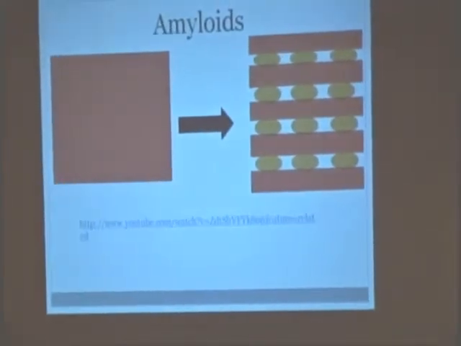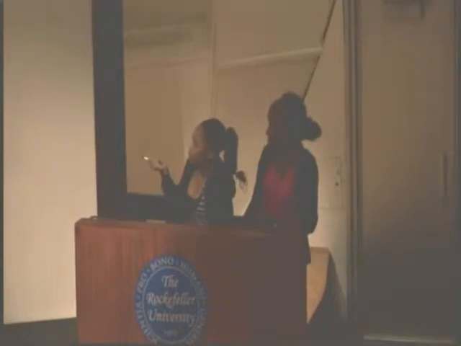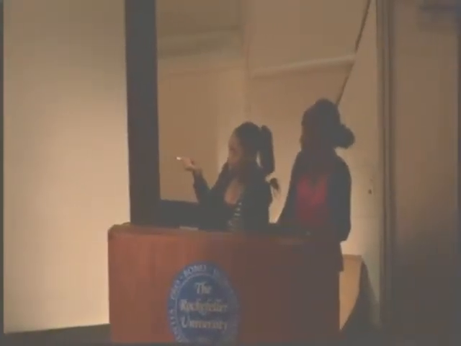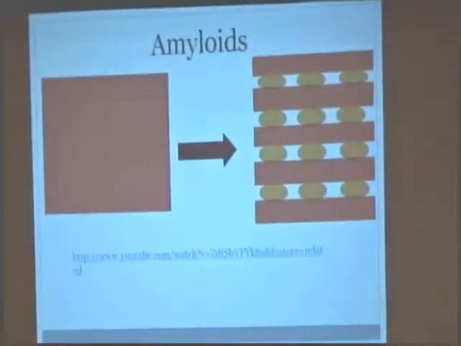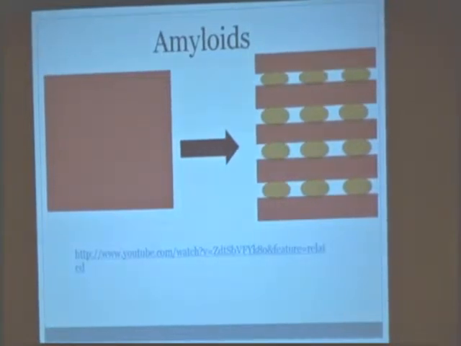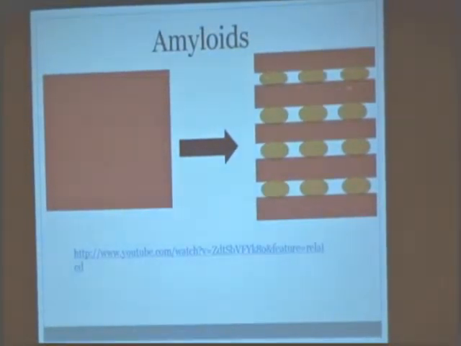Okay, amyloids are fibrous proteins, and amyloids build protein complexes. Each one of these is an amyloid, and when they stick together, when they adhere together, they become protein complexes. So with vitamin T and peptide A, we want to figure out if they will go in between each of the amyloids so that they won't form protein complexes.